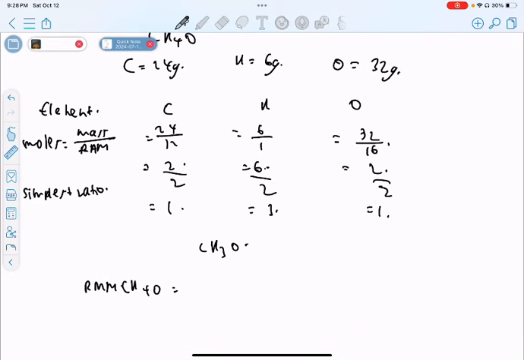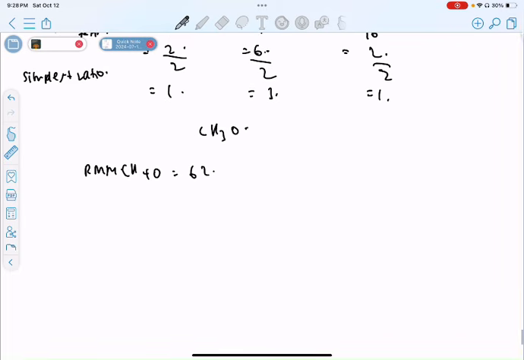Let's give a relative molecular mass of 62 grams. Sorry, I mixed it up. The molecular formula is equal to the empirical formula times N. Okay? What is N? N is your relative molecular mass divided by your empirical mass.